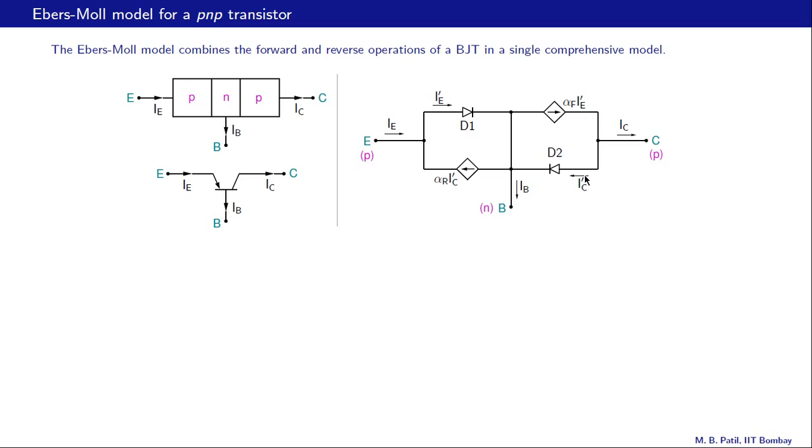So this current is very small. So this branch is as good as an open circuit, and since this current depends on IC prime, this is also an open circuit, and we are left with the diode here and the dependent source here. And in that case, IE and IE prime will be equal. IC and alpha F or alpha times IE prime will also be equal, and that is exactly the model we have considered for a BJT in the active mode.